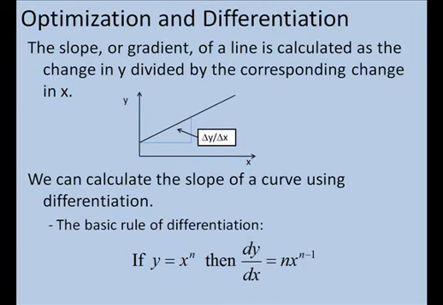And the basic rule of differentiation is that if y equals x to the power n, then dy divided by dx is equal to n times x to the power n minus 1. This is the slope of the line. With differentiation, we can calculate the slope of any curve or function using this formula.